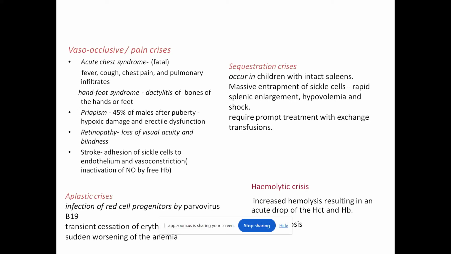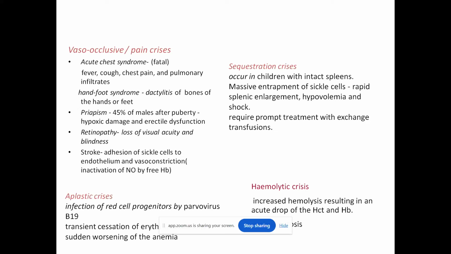If they occlude the lung, they produce acute chest syndrome, containing fever, chest pain, cough and so on. If the vaso-occlusion occurs in the bones, it produces pain in the bones, that is called dactylitis, the hand-foot syndrome. In the penis it produces priapism, in the eye it produces retinopathy, and it can also produce stroke. So this is the vaso-occlusive or pain crisis in sickle cell anemia.